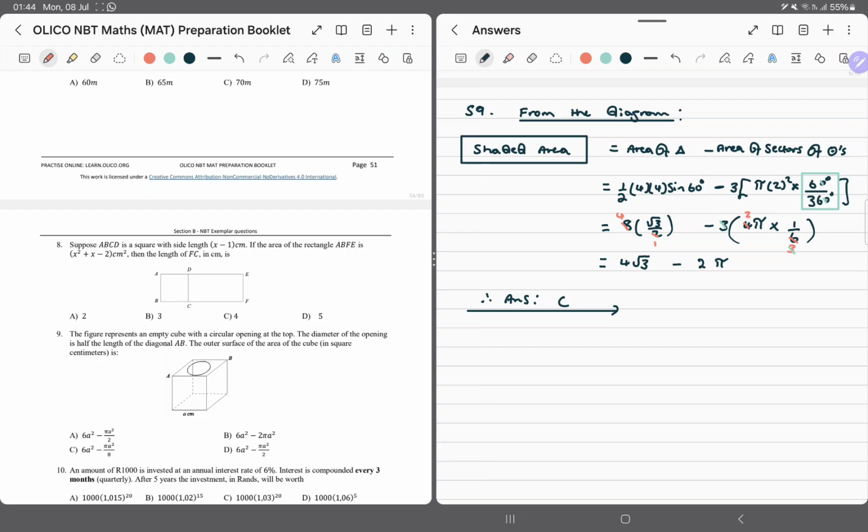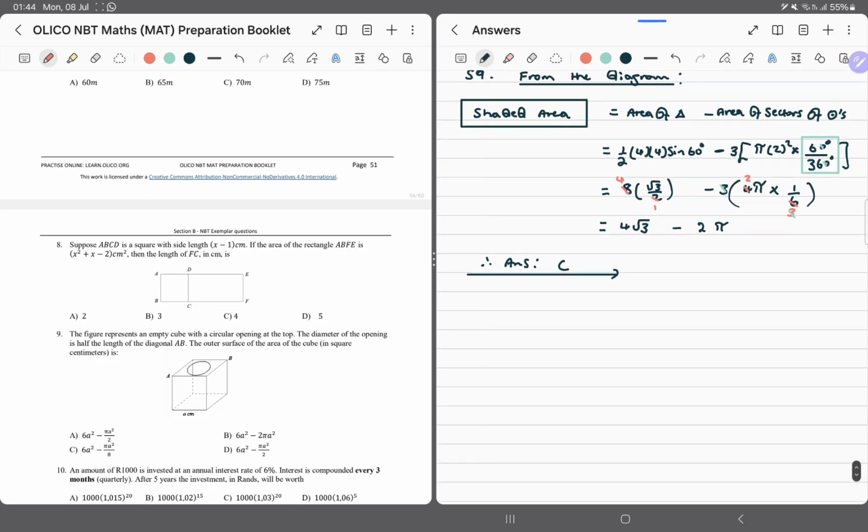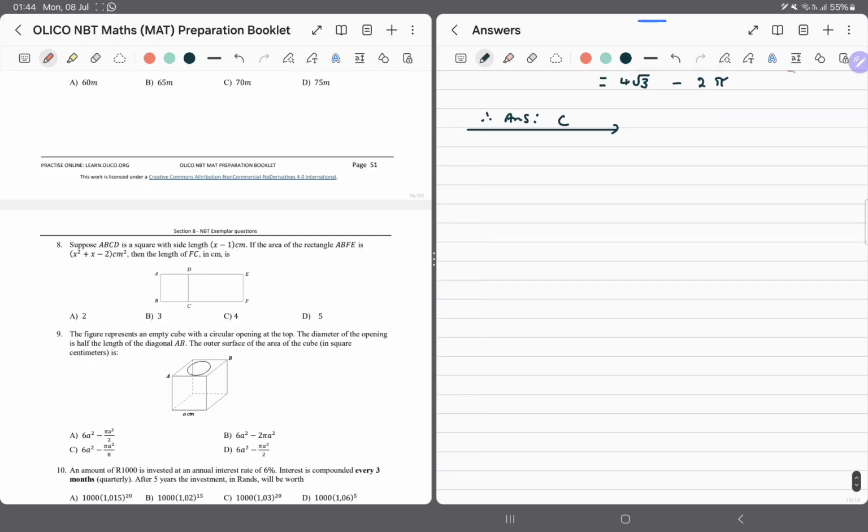Let's move on. So guys, I would like to close up our discussion for the day with these questions from the exemplar. Okay, so this one is downloadable on the internet from the NBT website. So this is the nicer ones. Obviously, that exemplar is also given with answers, I guess.